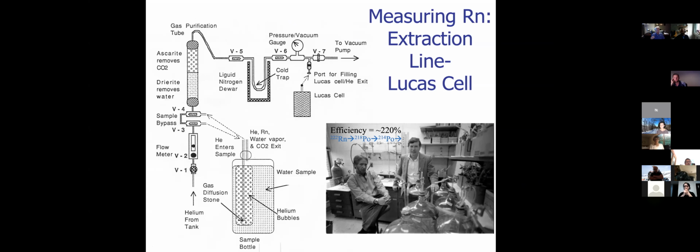You don't, in practice, get a full 300% because there's losses on the extraction line. You can't get 100% of the radon into the Lucas cell. And the Lucas cell itself, because it has to have a window to communicate to the photomultiplier tube, which is used for counting, is not 100% efficient either. So the overall system efficiency, normally we find it a little bit over 200%, which is still very, very good.